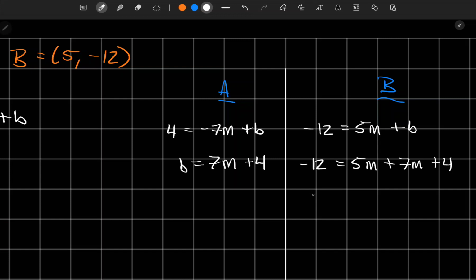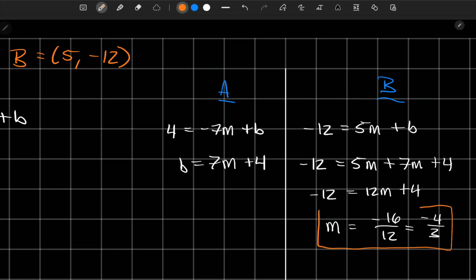Then, we get that -12 is equal to 12m plus 4. Or, rearranging this, that m is equal to -16 over 12, which is the same as -4 over 3.